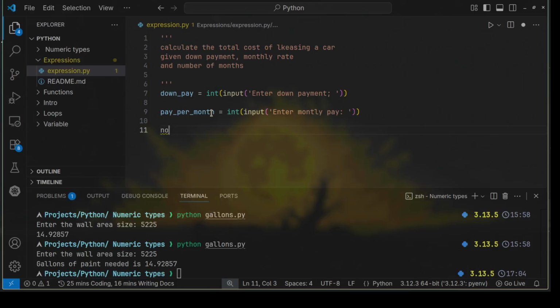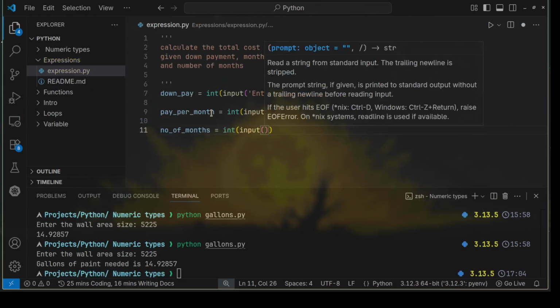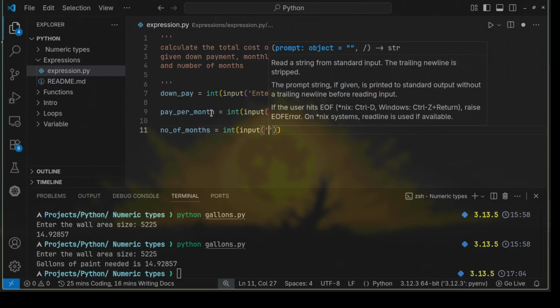Basically we're just still getting the input from the user. I hope it's now easy to get an input from the user from your end.